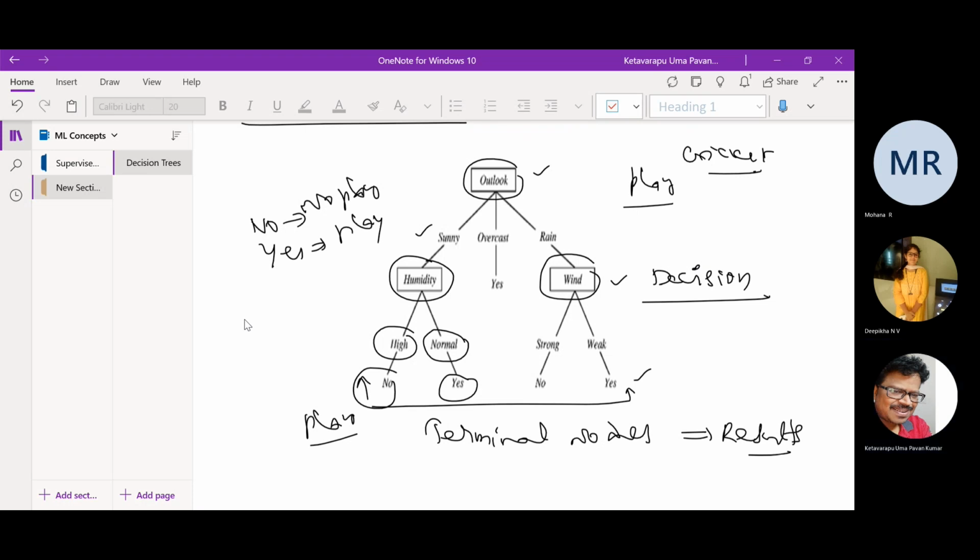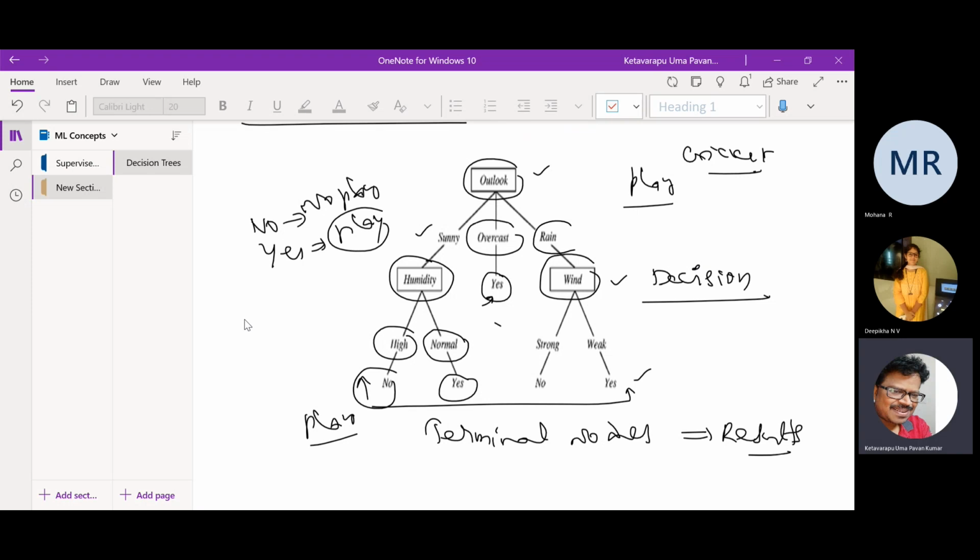Now you see the other option, overcast: yes. As I said earlier, guys, there is not always a requirement that there should be some kind of decision or condition. Overcast means we are not going to check anything; obviously it leads to play.